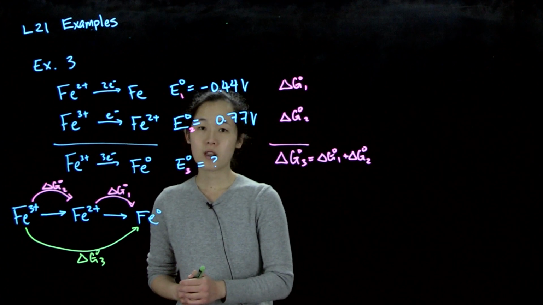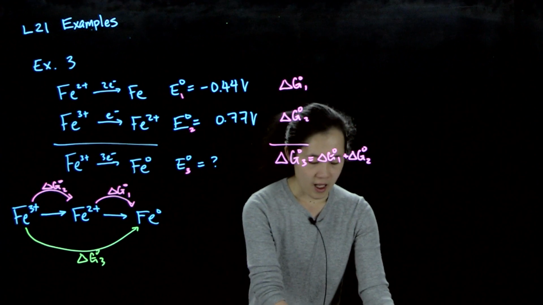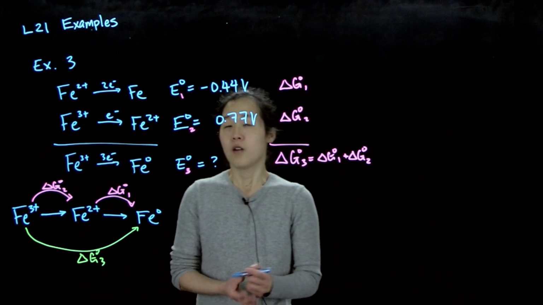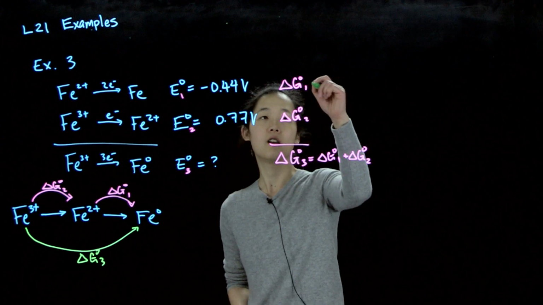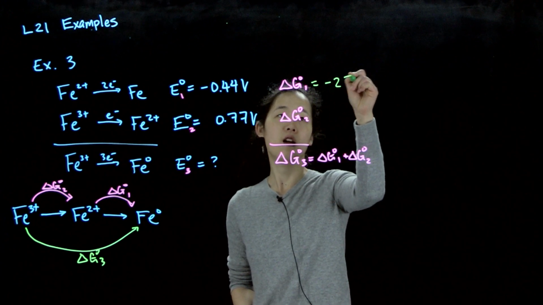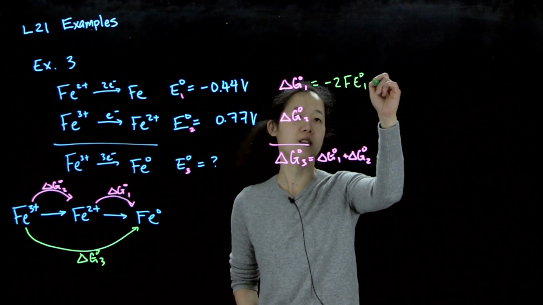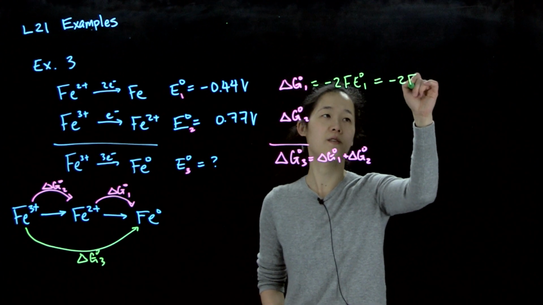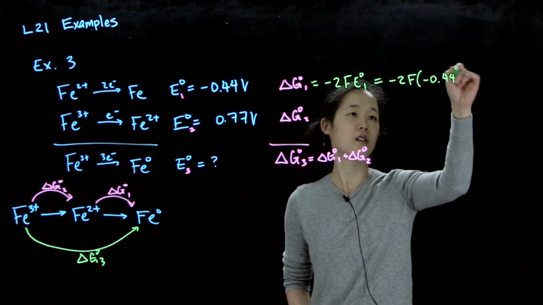Because of that, we can calculate our free energies from our standard reduction potentials. So what we can do is, we know that delta G not 1 is going to be equal to negative 2F E not 1. So this is equal to negative 2F times negative 0.44.